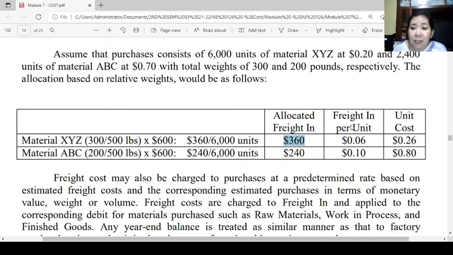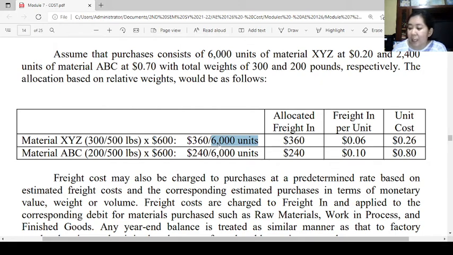So to determine the freight in per unit that will be added to the unit cost, we will simply take the allocated freight in and divide it by the total number of units purchased. Okay, so that's 6,000 for materials XYZ.